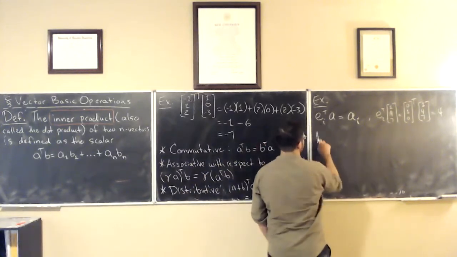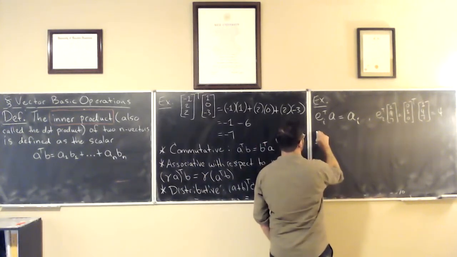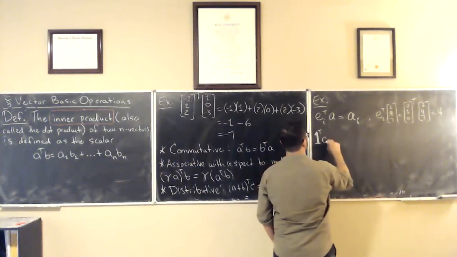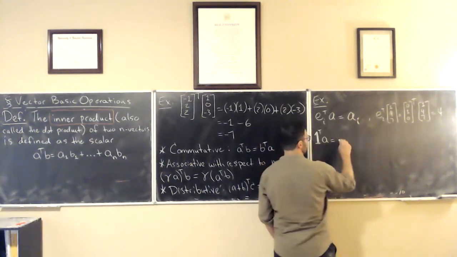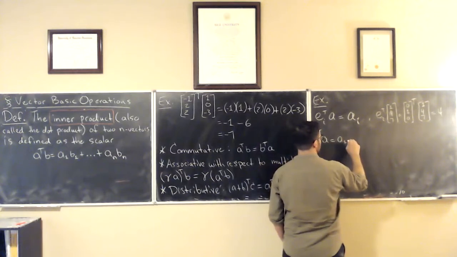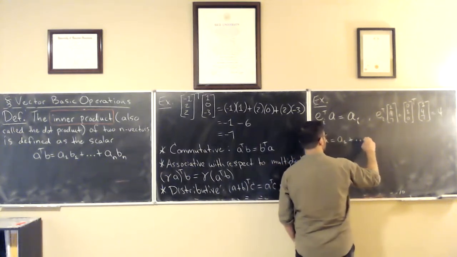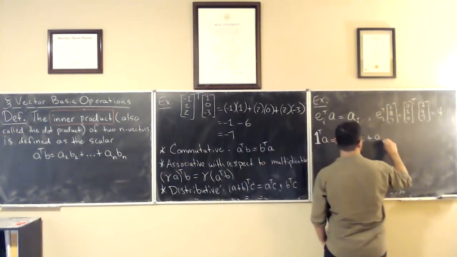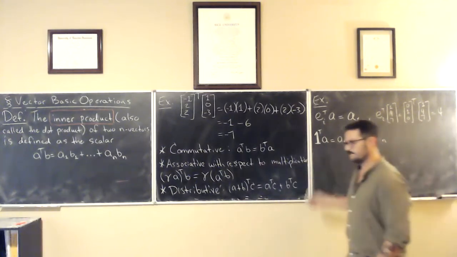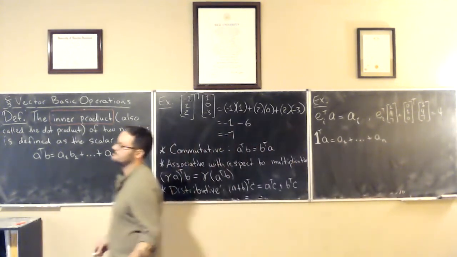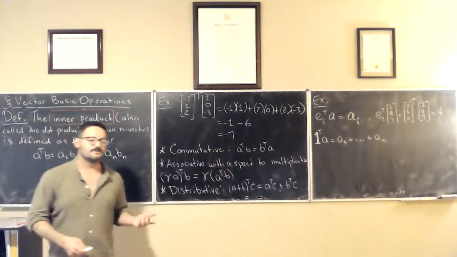The ones vector times A. This is just the sum of the entries in A. A is just some n-vector. The ones vector times that is just 1 times A1 plus 1 times A2, dot, dot, dot, 1 times An.